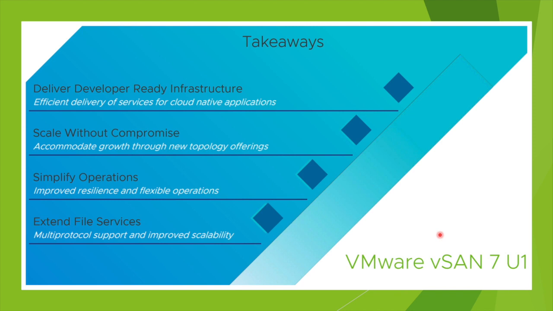So what we have covered, the takeaway, is that vSAN is delivering developer-ready infrastructure, which gives efficient delivery of services for cloud and native applications, and scale without compromise, as I said. You have the option to scale out, and then a lot of new features added for simplifying operations, the fling with IO, as I said, and the other features for IO limiting and how we can check that.